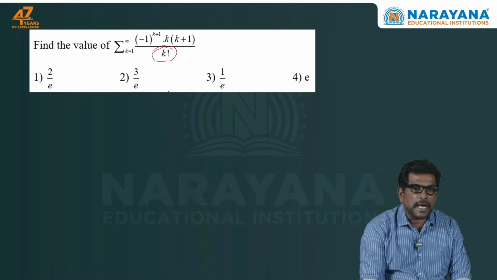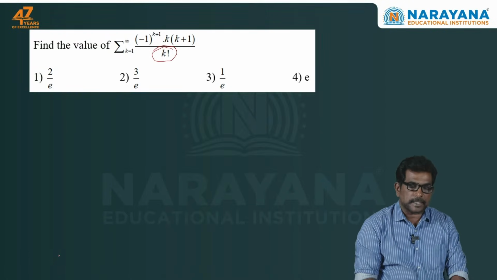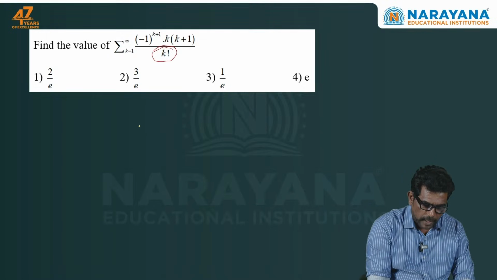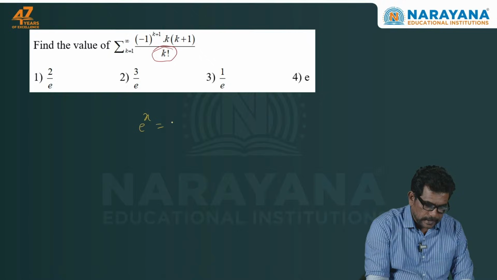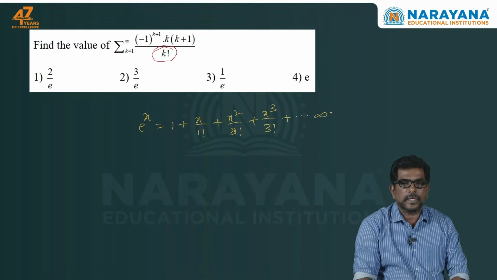Once you recall the exponential series, for better understanding, we have the formula e to the power of x is equal to 1 plus x by 1 factorial plus x square by 2 factorial plus x cube by 3 factorial plus so on up to infinite terms.